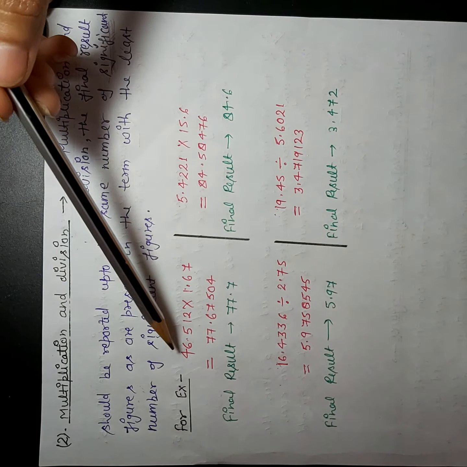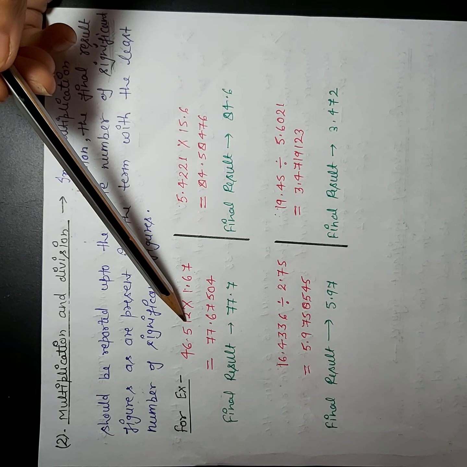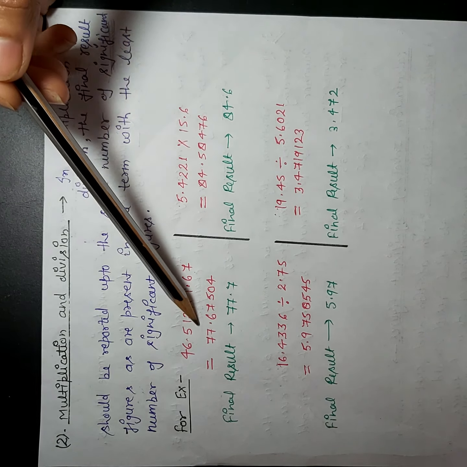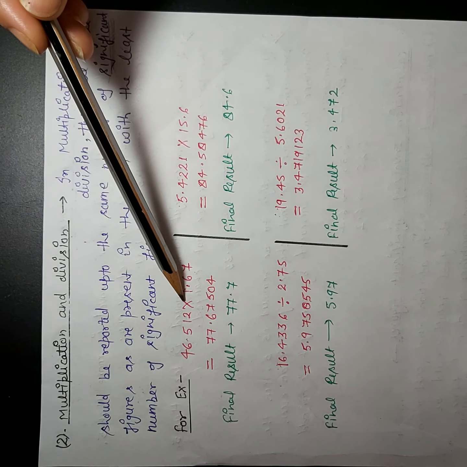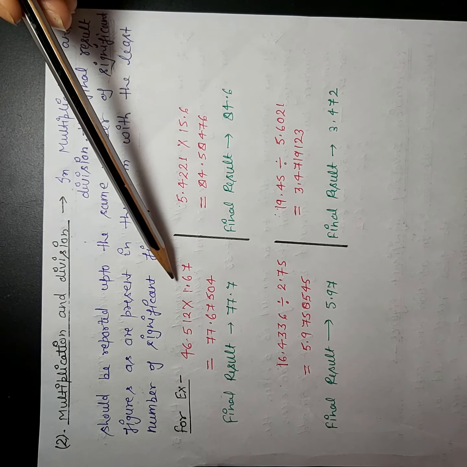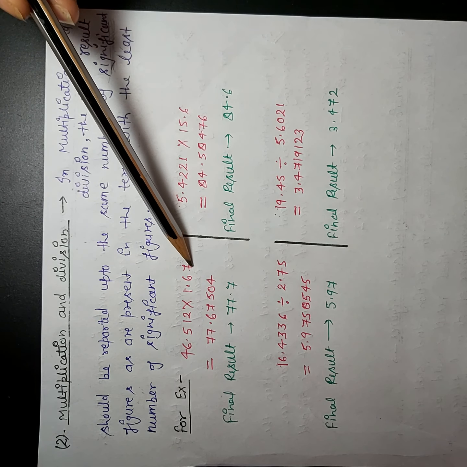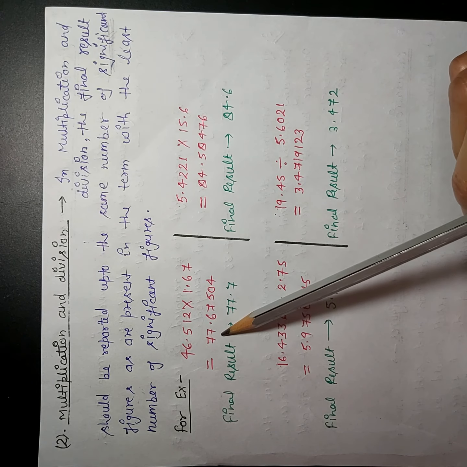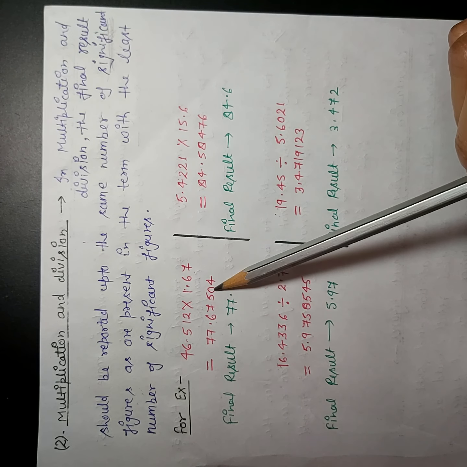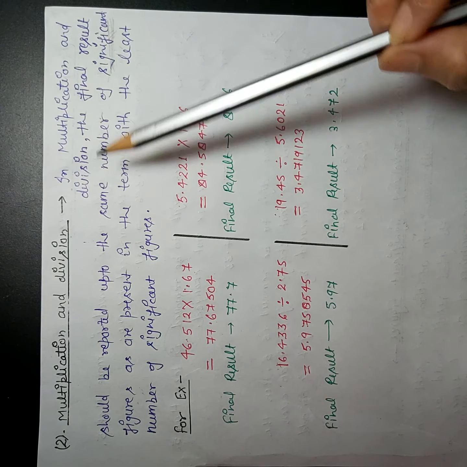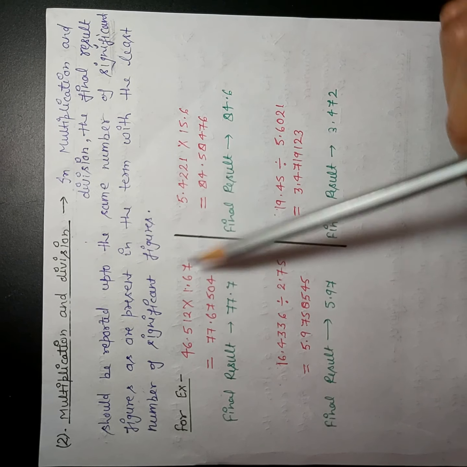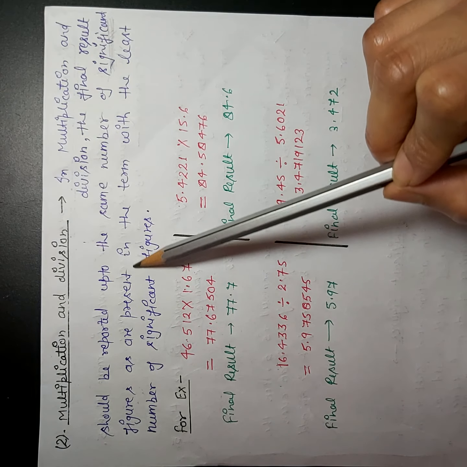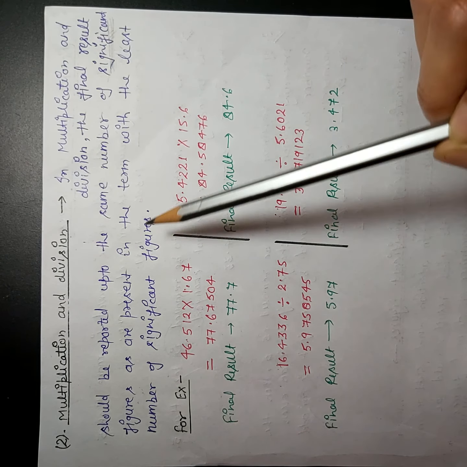Means, for example, 46.512, this number has 5 significant figures, multiplied by 1.67, it has 3 significant figures. Your answer will be 77.67504. But according to the rule, our answer should be reported up to the same number of significant figures as are present in the term with the least number of significant figures.